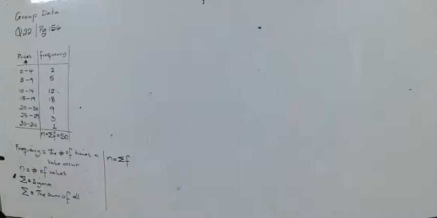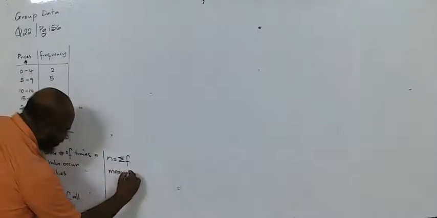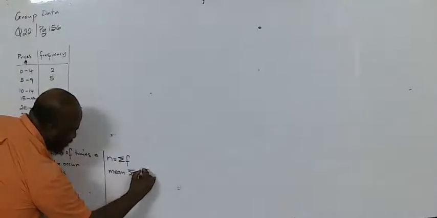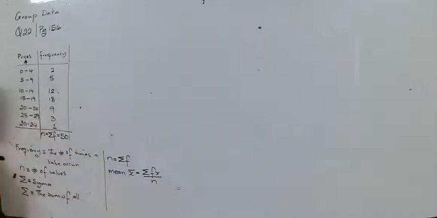Now, the next thing I asked you for: as I said, I'm doing more than what the question is asking because I want to use the questions as an opportunity to teach. Calculate an estimate of the mean price paid for lunch. When you have group data, the mean, symbol X bar, is equal to the sum of Fx divided by N. The mean is another word for average.